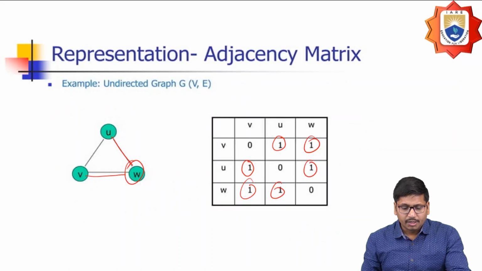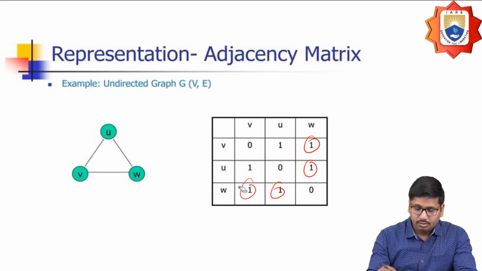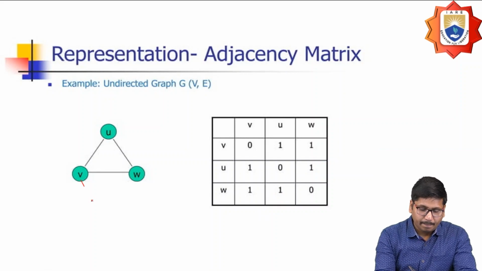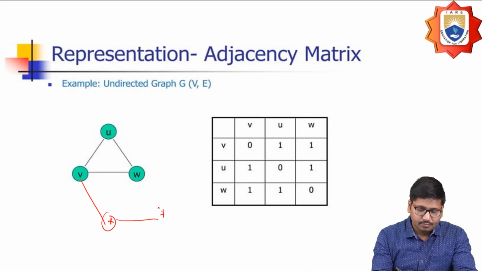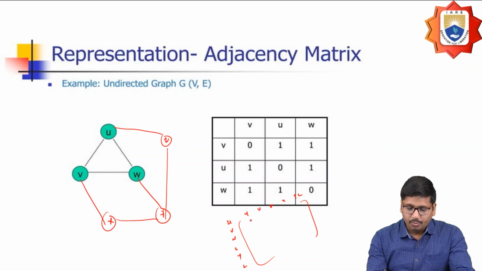When it comes to the adjacency matrix, if I have a graph like this, I can consider U, V, W, X, Y, Z, and similarly here also U, V, W, X, Y, Z. According to that I can fill the values with either zeros and ones.